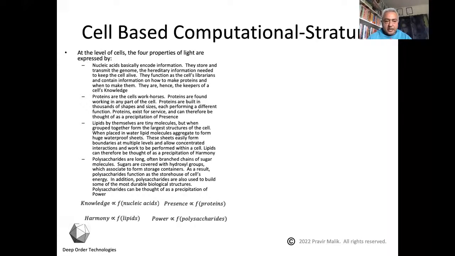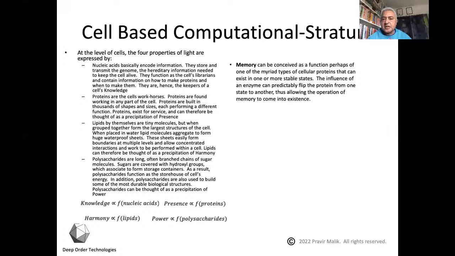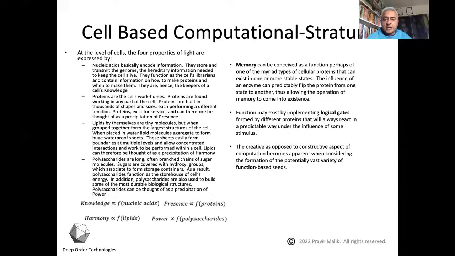So we have, again, the basis of a stable strata, because what's implicit in light becomes explicit and maintains its integrality. And now we can see also that memory, logical gates, and unique functionality can also be expressed at the level of cells. So we have myriad types of cellular proteins that can exist in one or more stable states, and it's possible to flip between these states, and therefore we have the basis of memory.